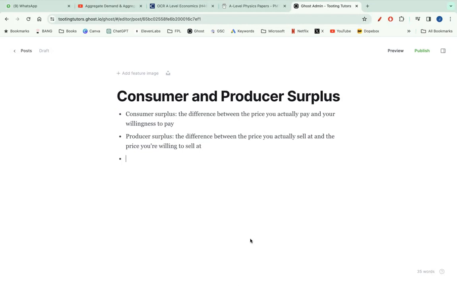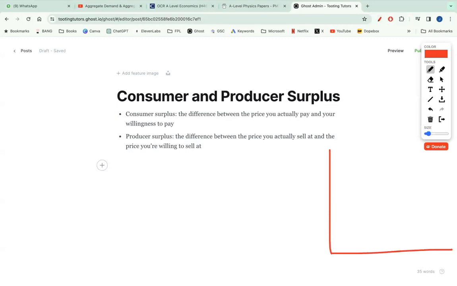Basically, the way this works is if I draw a demand curve and a supply curve, that is my price and quantity, right?